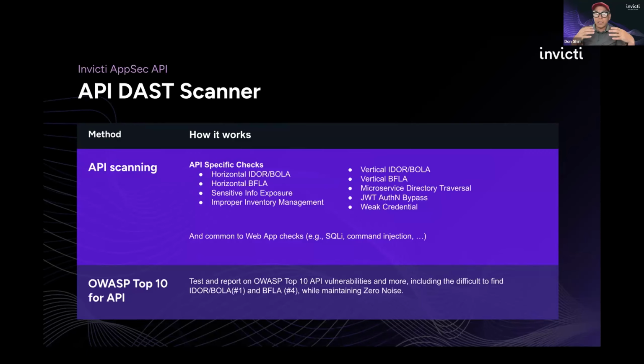And then, of course, there are API-specific tests, but APIs are also subject to, because it is HTTP based, other types of web attacks, such as SQL injection and different types of command injection. So there's another whole suite of tests that are run against APIs in addition to those specific ones. And then the OWASP top 10 items obviously are a focus, and those are tested as well.